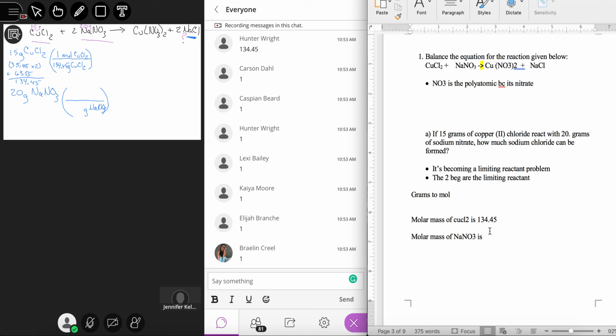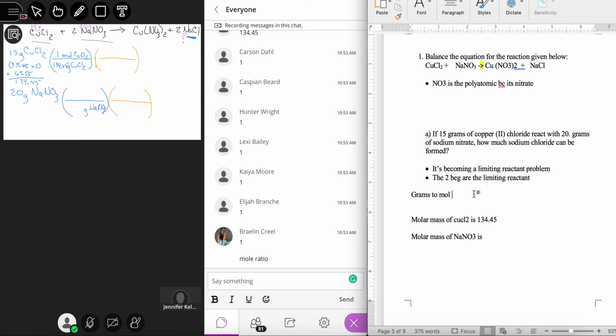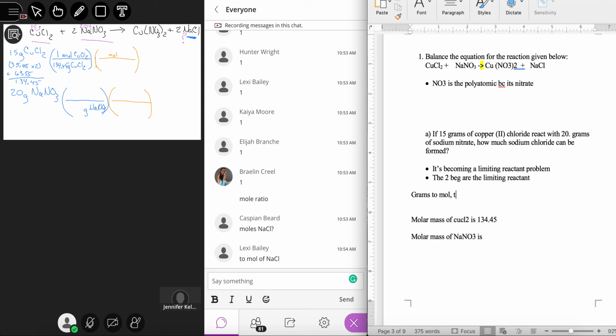All right. Now we're going to do the next step. And in the next step, where do I go? We'll do the sodium nitrate here in a second. Mole ratio. Correct. I'm going to go over to moles of sodium chloride. All right. And the coefficient next to copper chloride is assumed to be a 1.